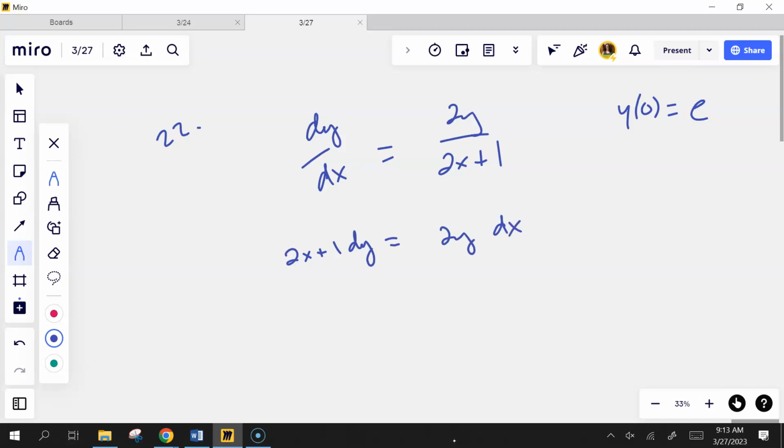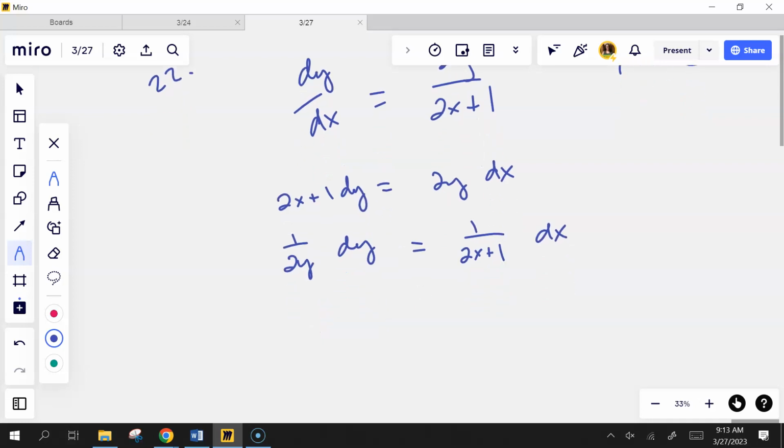My variables are mixed up, right? So really this is 1 over 2y dy. Oops, no. Yeah. And 1 over 2x plus 1 dx. And now I integrate. This is one of those U substitution problems, right? Because I got 2y down here. Or think about it like this, and it might be easier here.